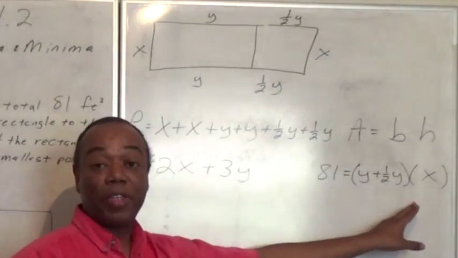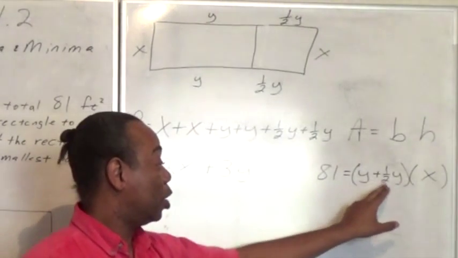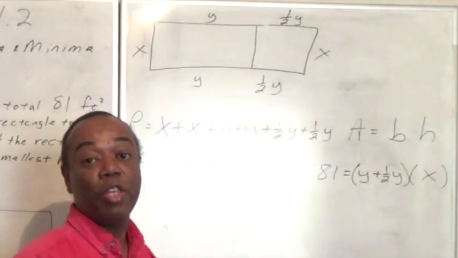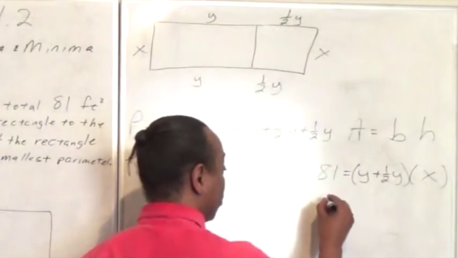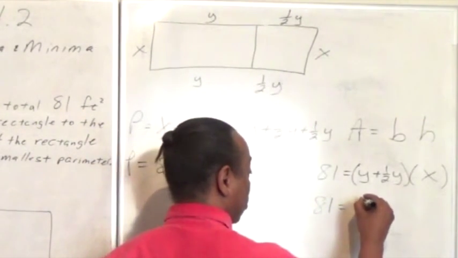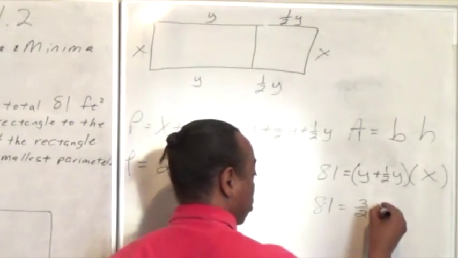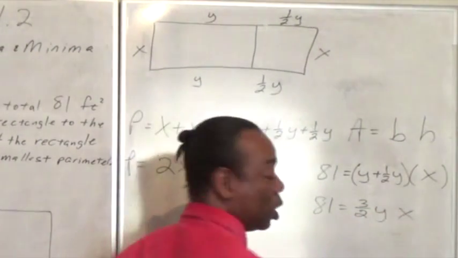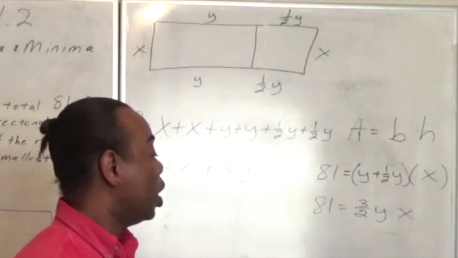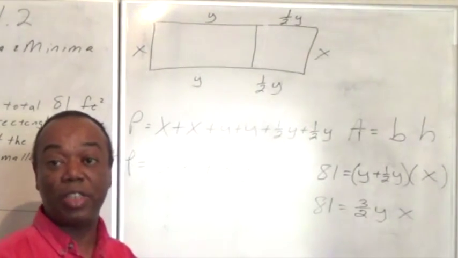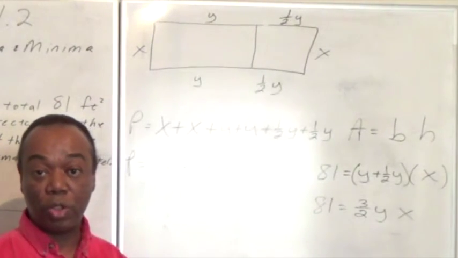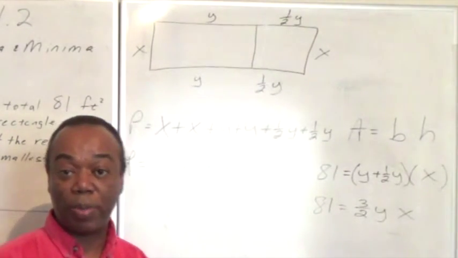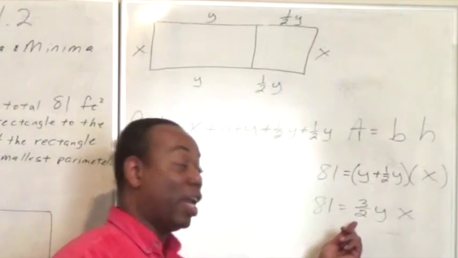Now I'm going to simplify this. I have a single Y plus 1/2 Y. This will add to 3/2 Y, times X. So 81 equals 3/2 X times Y. I'll continue to simplify this by getting rid of the 2 as the denominator, by multiplying both sides by 2.